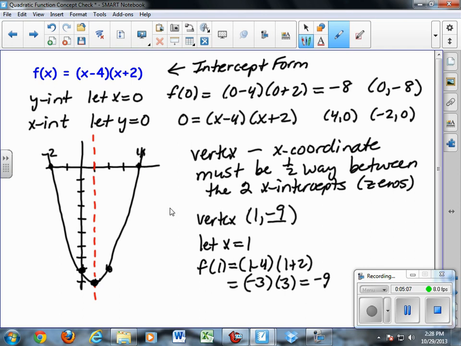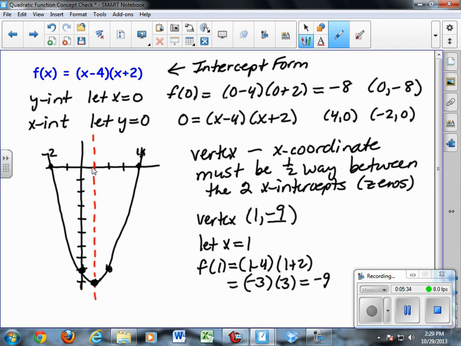To summarize, if I have a quadratic function in intercept form, I'm going to find the x and y-intercepts by substituting in 0 for x and 0 for y. I'm going to plot those and look at the graph, because that really helps. Halfway in between the two x-intercepts is the line that contains the vertex, so I will know the x-coordinate of the vertex.